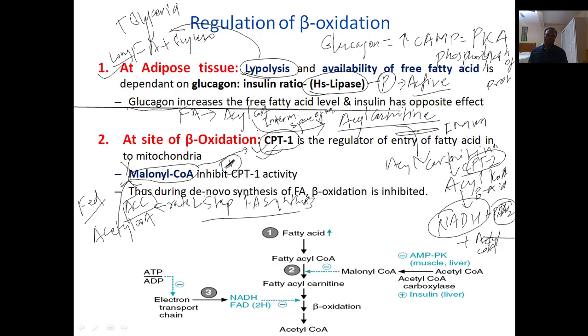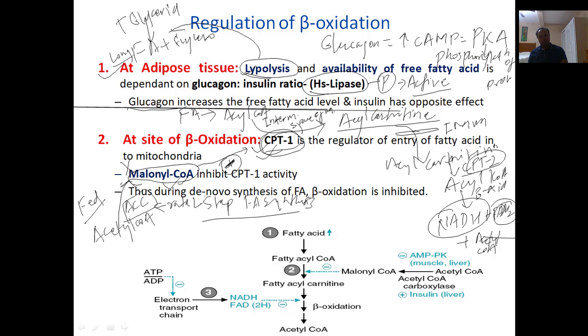Therefore, during fasting condition, CPT1 will convert acyl coenzyme A into acyl carnitine, thereby facilitating the movement of acyl carnitine into the mitochondrial matrix and then beta oxidation. So this is the second step. Just remember this very important point: malonyl coenzyme A during fed condition inhibits, and during fasting condition it is uninhibited.